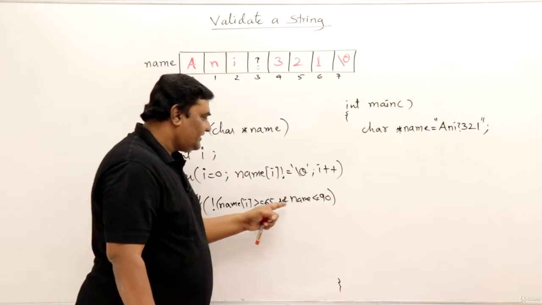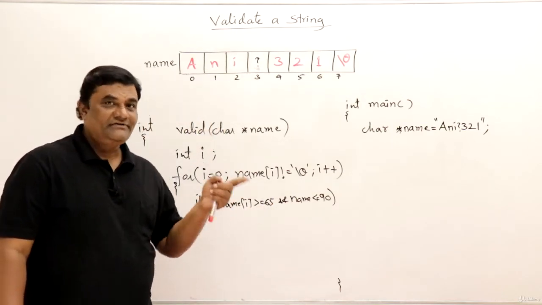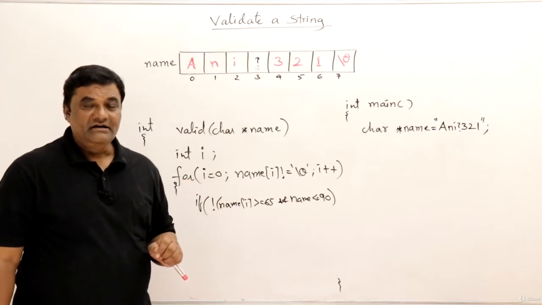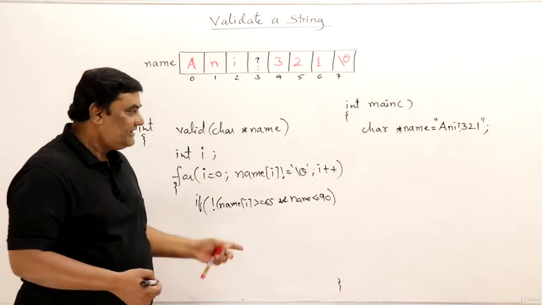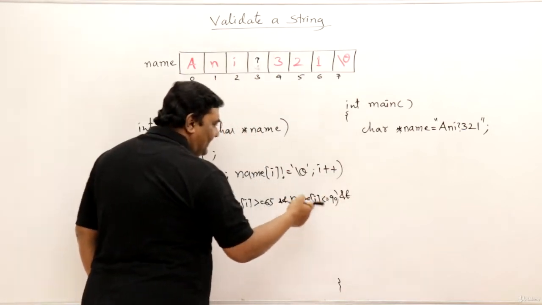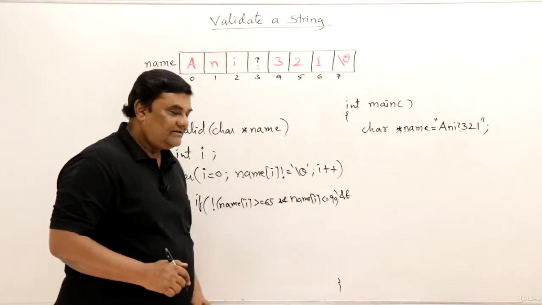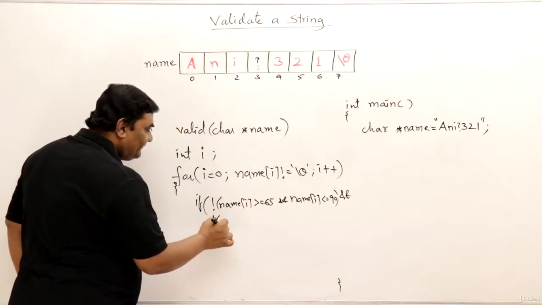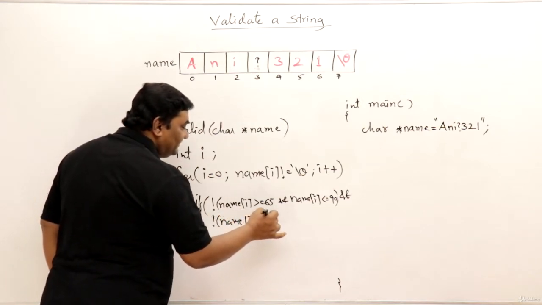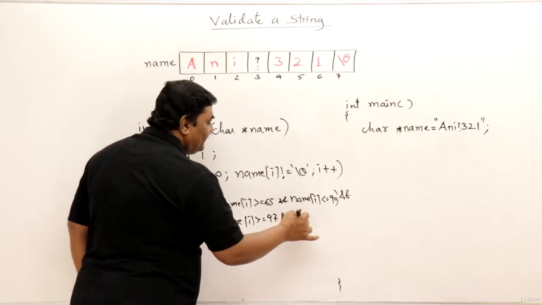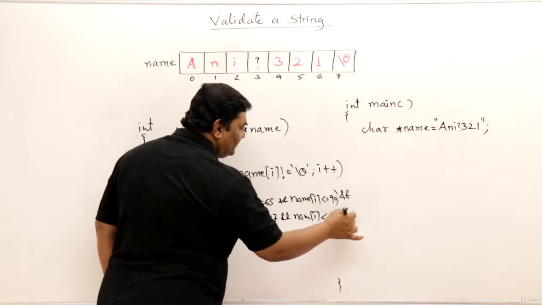Means it is not in this one. If it is not in this one, then it is invalid. Right? But other ranges are also there. Lowercase letters are also there. So I should check for the next set of characters, that is small letters. Then again, not of small letter, that is name of i is greater than or equal to 97 and name of i is less than or equal to 122.